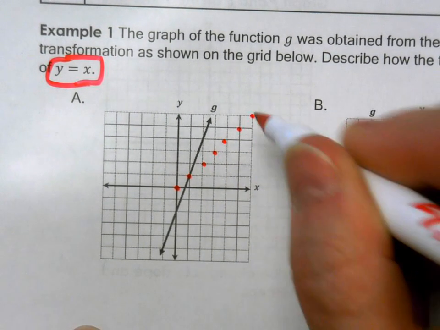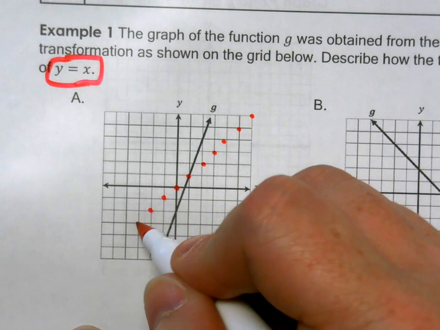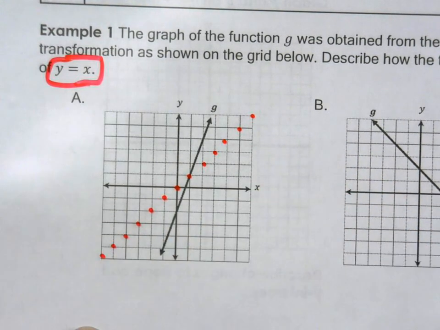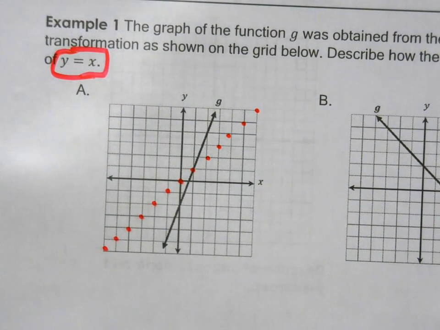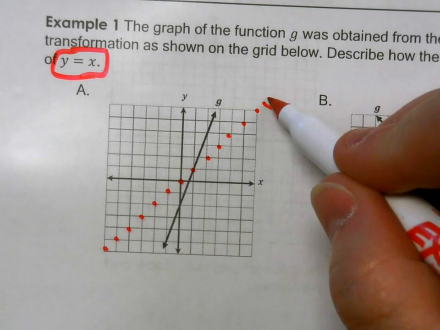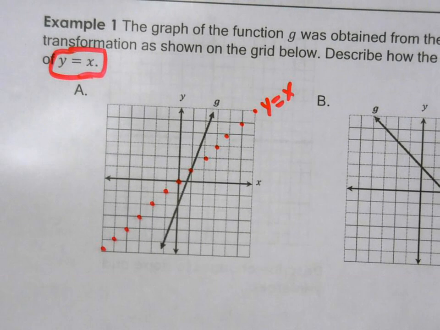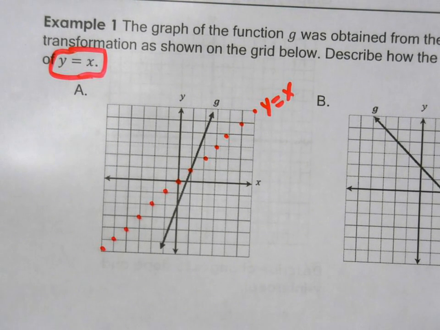So it's going to go straight through my graph like this. That's my original y equals x line. So now that I can see what my original line is, I can compare what happened in the new line.